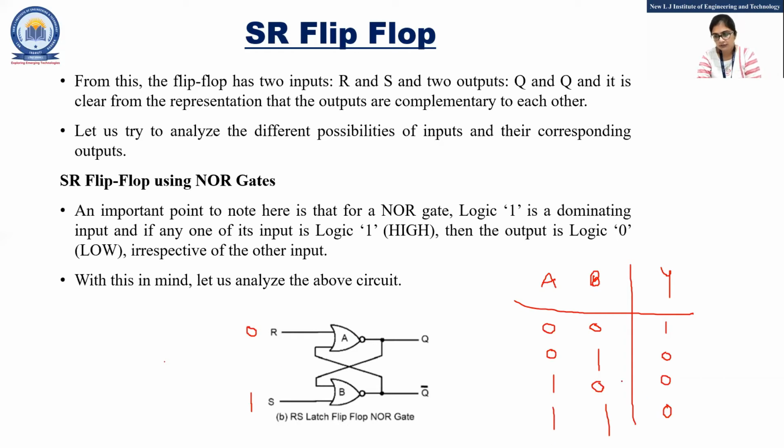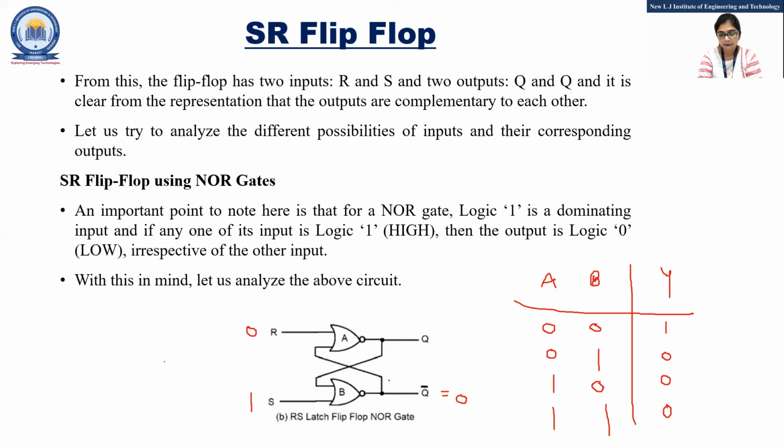As per the definition of the NOR gate, if any one of the inputs is 1, output will be 0. So here in the B gate, means lower NOR gate, I am applying S is equal to 1. So one of the inputs is 1. This Q dash will be 0.